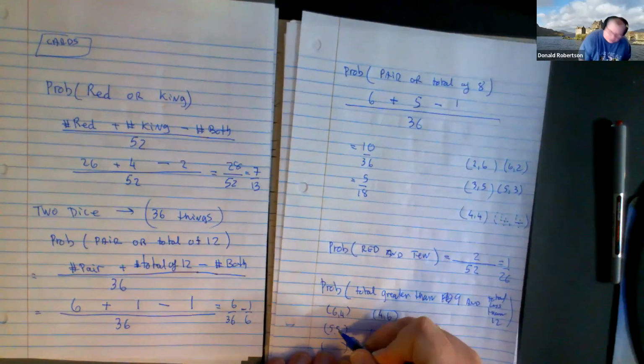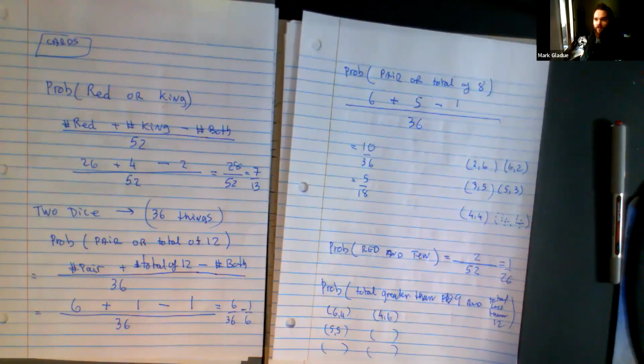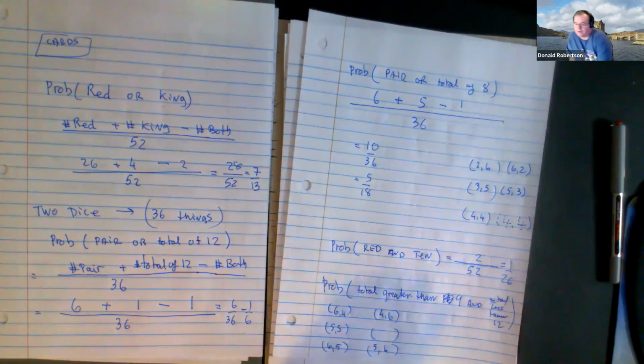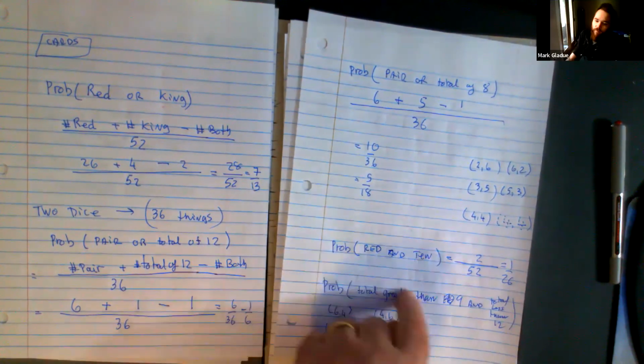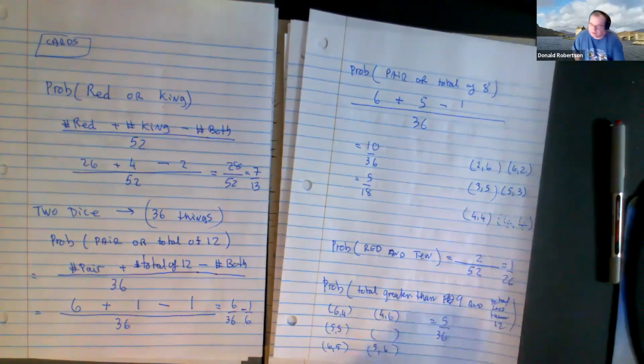And that one doesn't reverse, agreed? Right, it was 10 or 11. So how can you get 11? 6 and 5. And you are allowed to switch that one. Is there any other way of getting 11? So the total here is that there are 5 things out of 36.